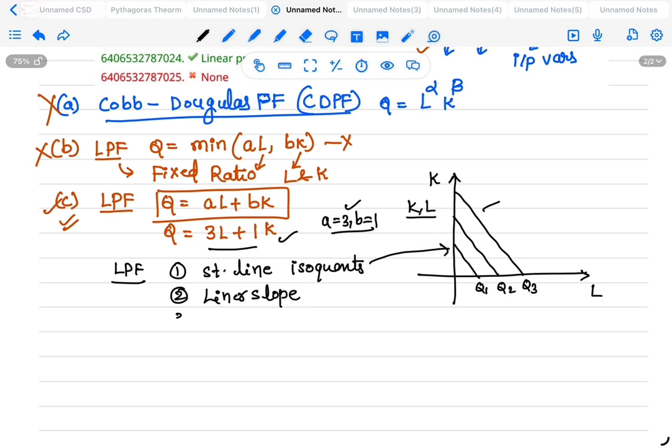The third property of the linear production function is constant MRTS. MRTS is the marginal rate of technical substitution.